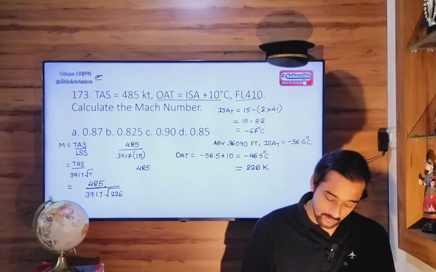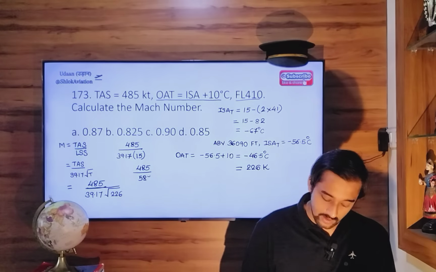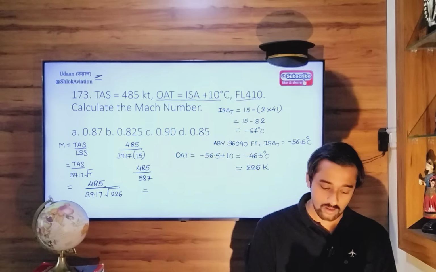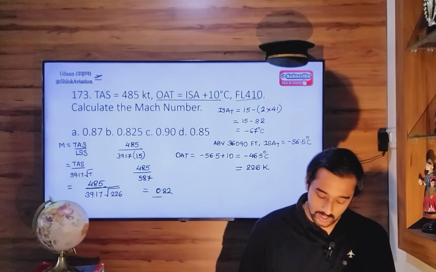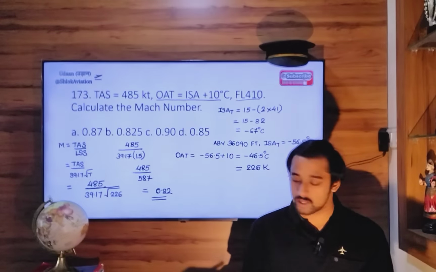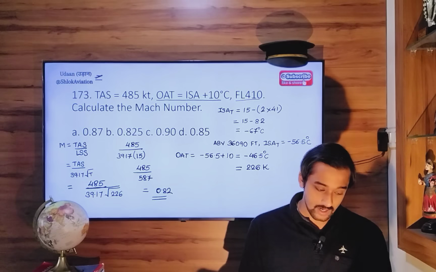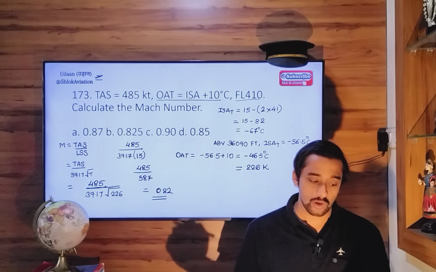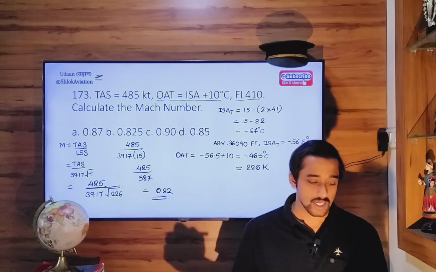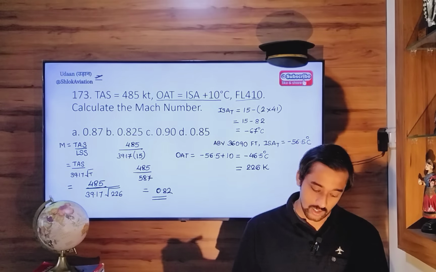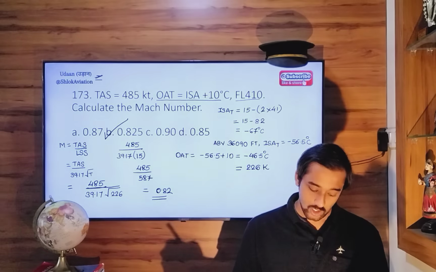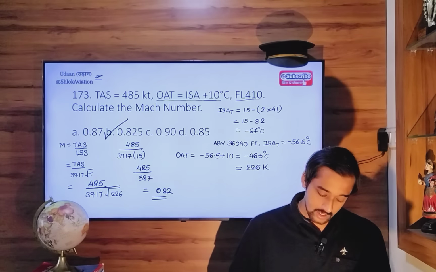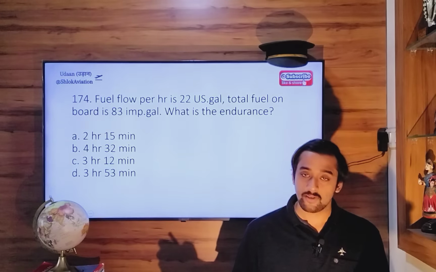So 485 divided by 587 is 0.82. So your Mach number is 0.82. The final answer in the calculator is 0.826, so it should be 0.825. Option Bravo, 0.825.